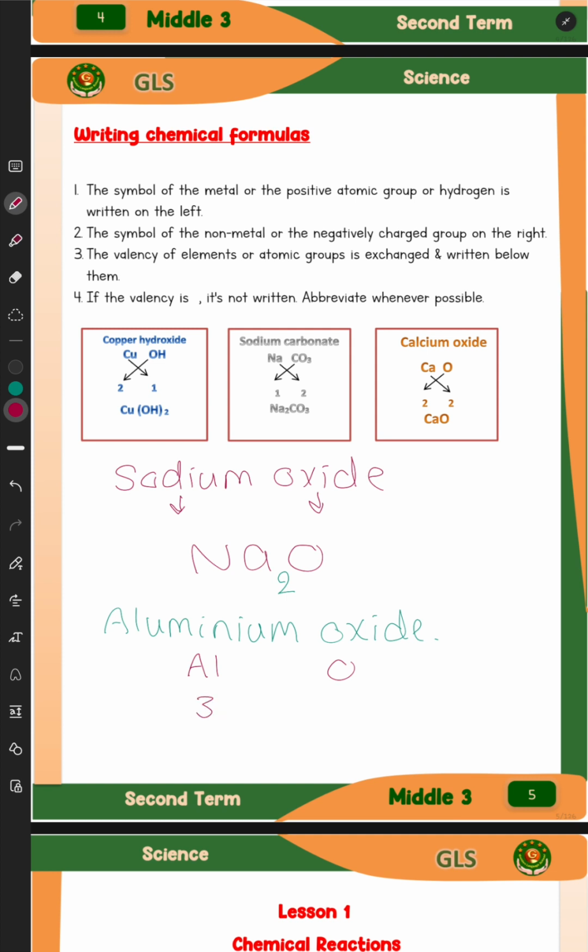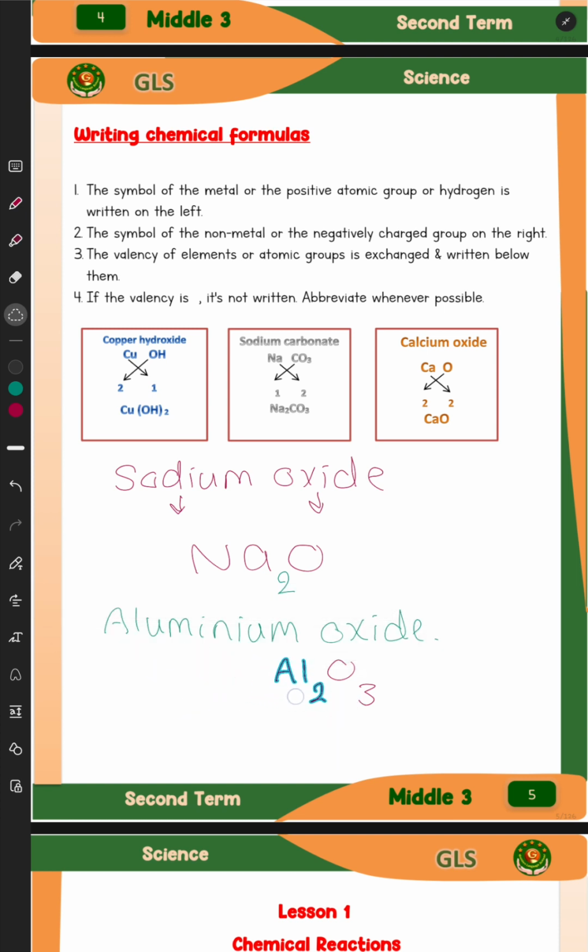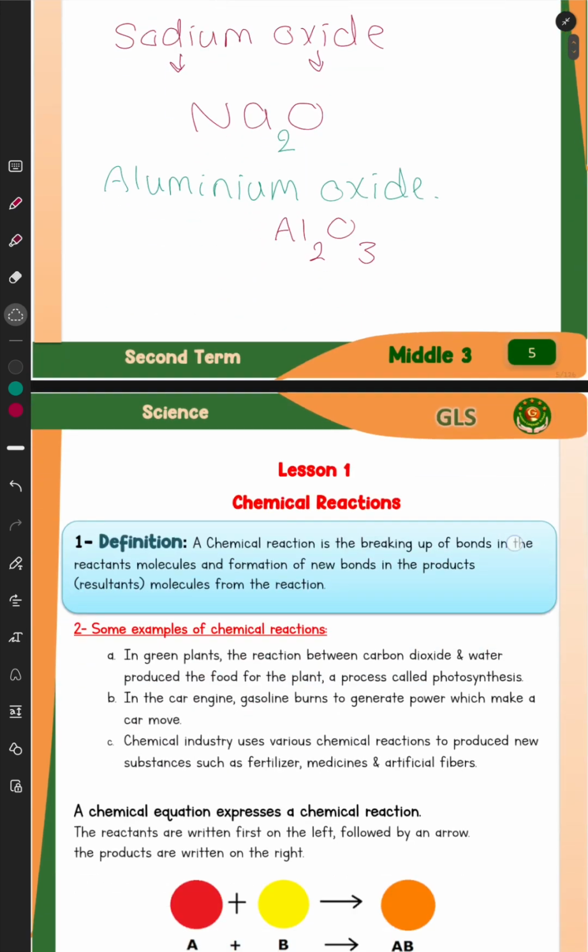The valency of aluminum is 3. The valency of O is 2. Let's make an intersection between them. The 3 of aluminum goes to oxygen, and the 2 of oxygen goes to aluminum, and we put them together like this. So the formula will be Al2O3. Okay, this is easy, I think.